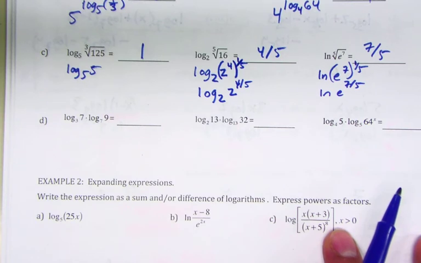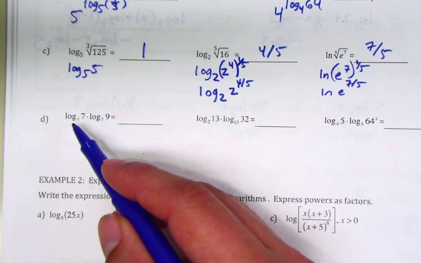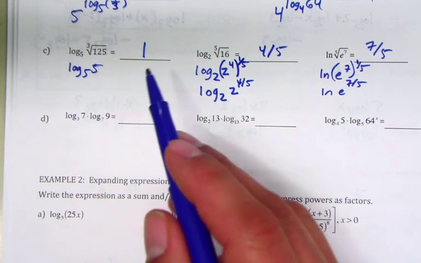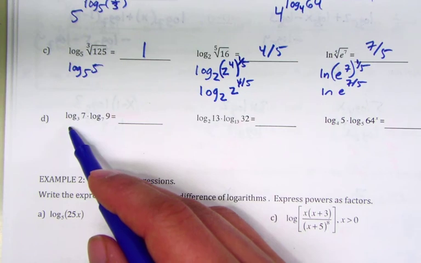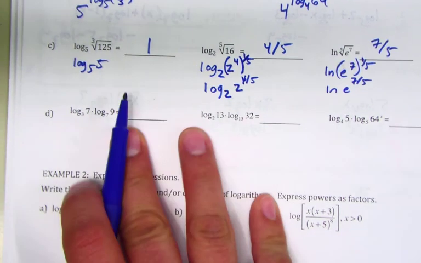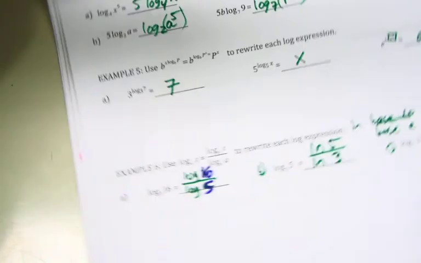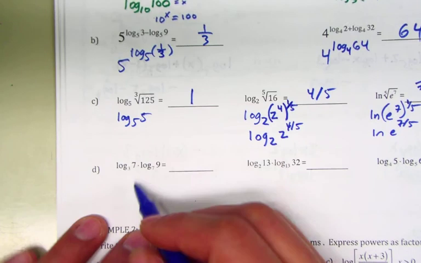I don't see really anything we can do here, right? Except we can change these to change the base. You see how over here when we change the base, we changed it to a division problem? Let's see if we do that, if anything happens. Let's pick just regular logs, base 10.